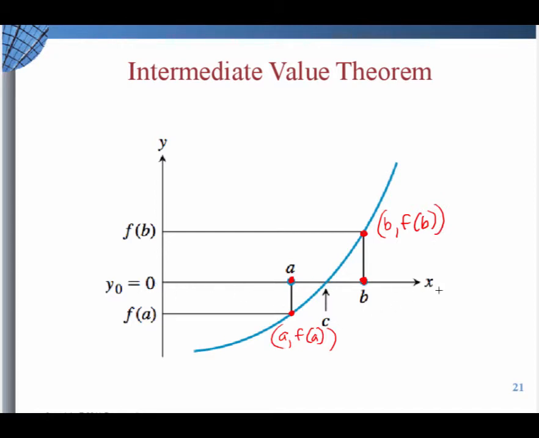So if this is the x-axis, here at this function value, f of a is negative, less than 0. And up here, at this value, f of b is greater than 0.